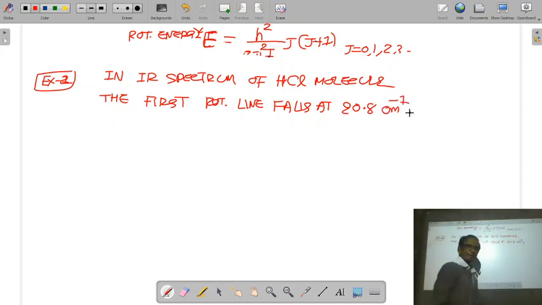So 20.8 centimeter inverse is the wave number of the first rotational line of HCl molecule. You are asked to calculate the moment of inertia.